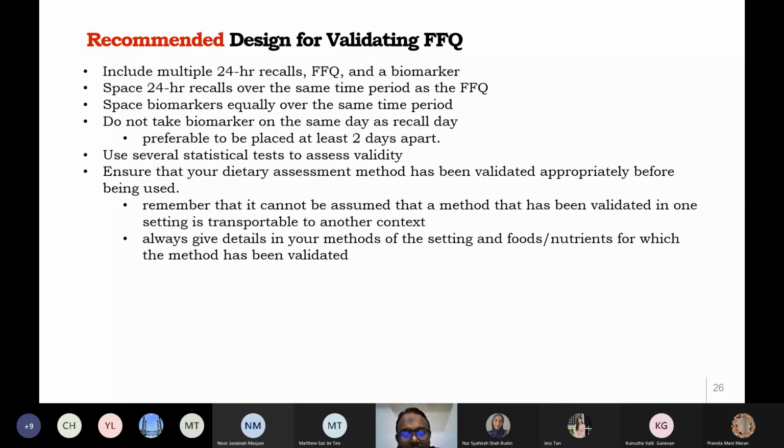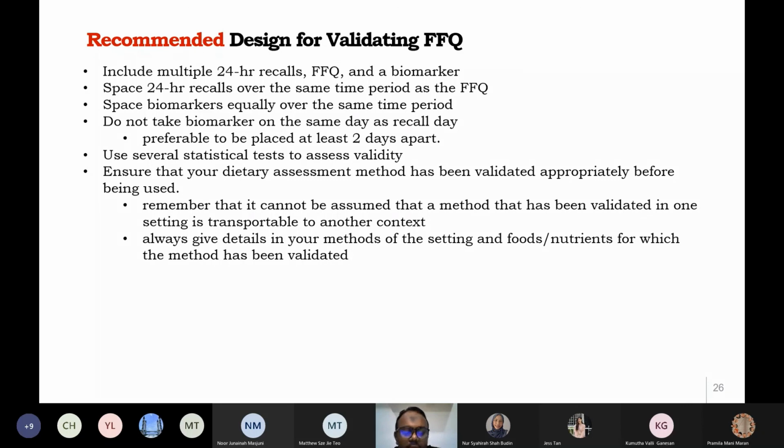Can anybody name the tests that we usually use for validating FFQ, if you are aware of the tests besides correlation? Anybody? How do you assess validity?